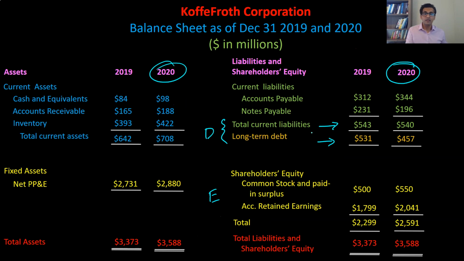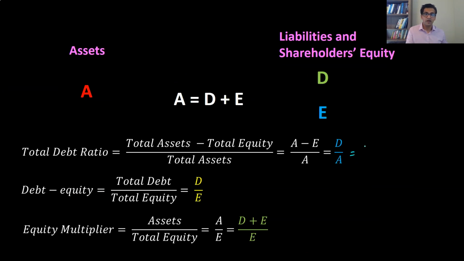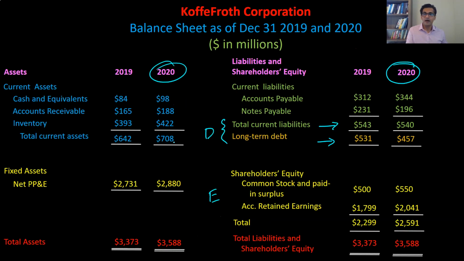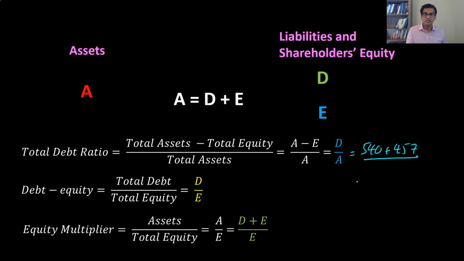Then you'll say, okay, the total debt in 2020 is short-term, which is 540, and long-term, so 540 plus 457. And I'm going to divide that by the total amount of assets right here, which is 3588.